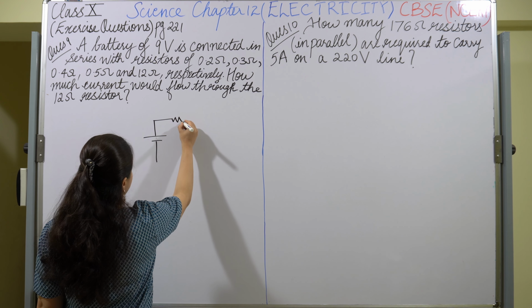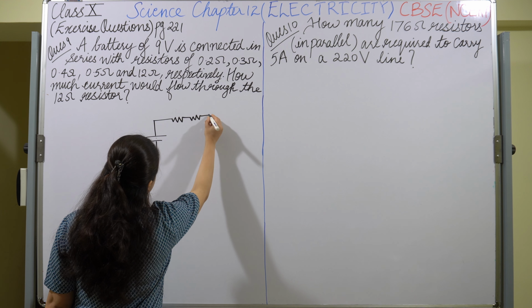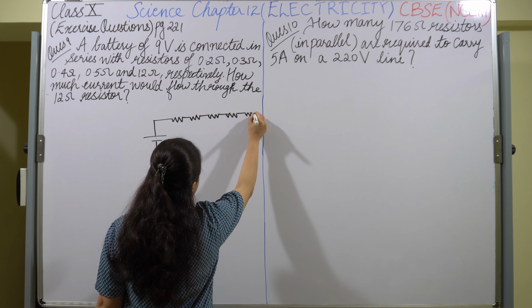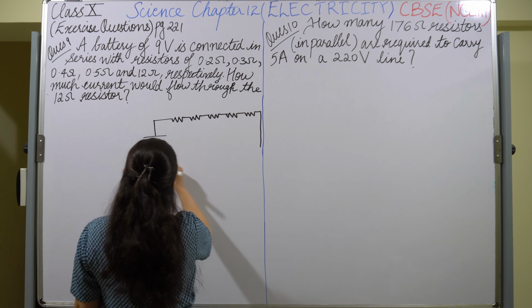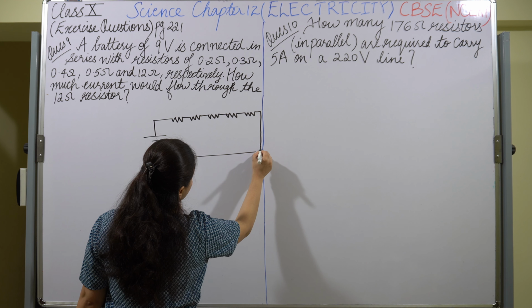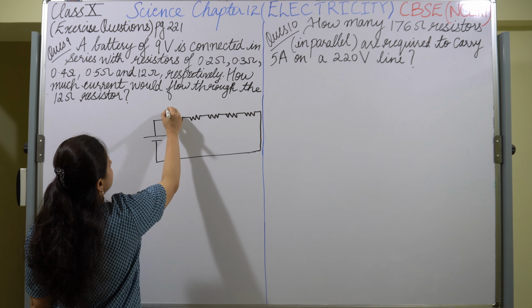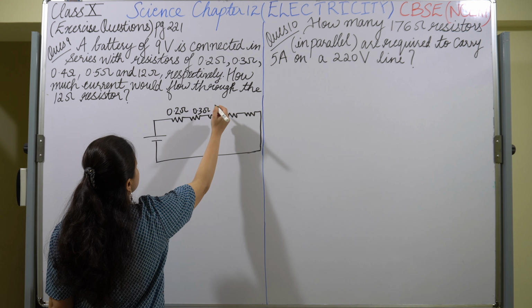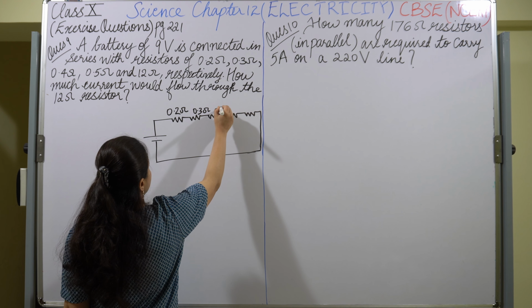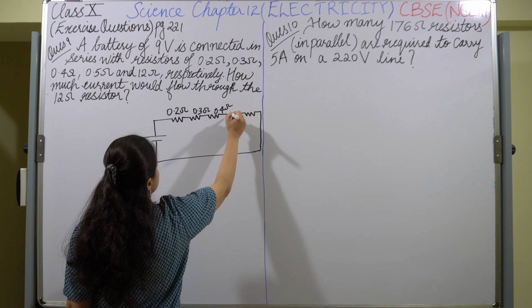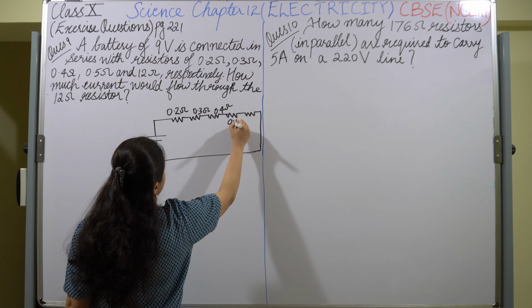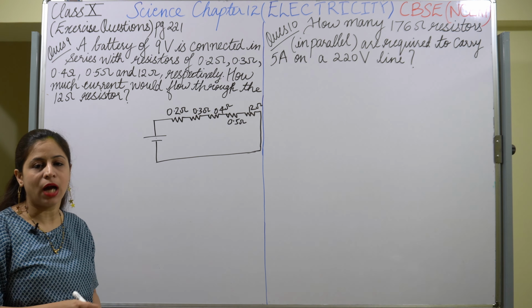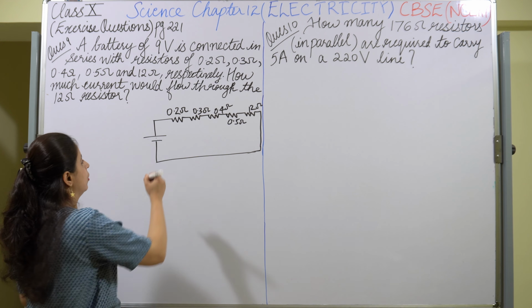So let us connect all the resistors in series. Let us say this is 0.2 ohms, this is 0.3 ohms, then 0.4 ohms, 0.5 ohms and this is 12 ohms. We need to find the current in the 12 ohm resistor.